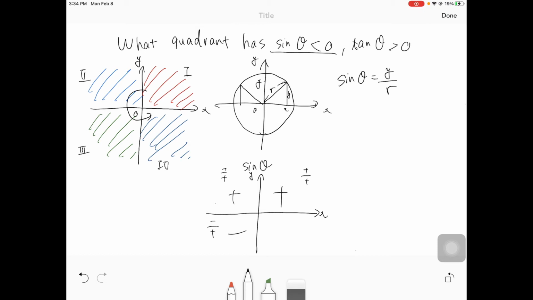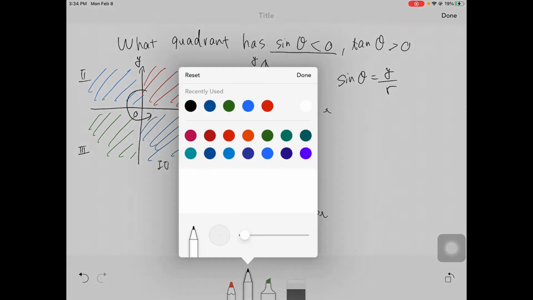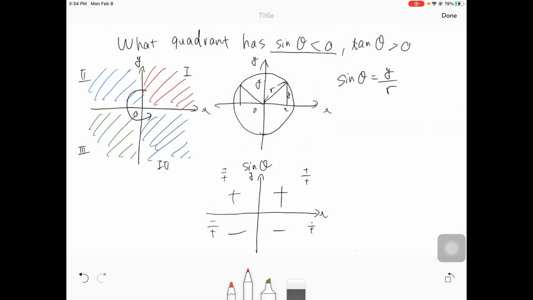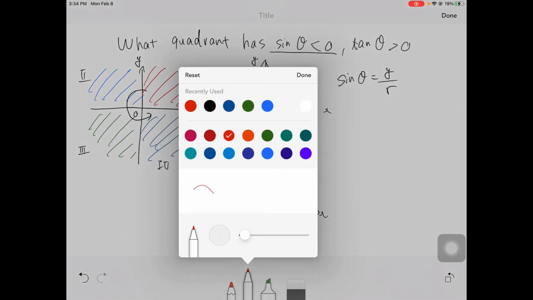Fourth quadrant is again y value negative, r value positive. Negative divided by positive is negative. So in this question, it says sine theta is smaller than 0. So it's going to be either the third quadrant or the fourth quadrant.